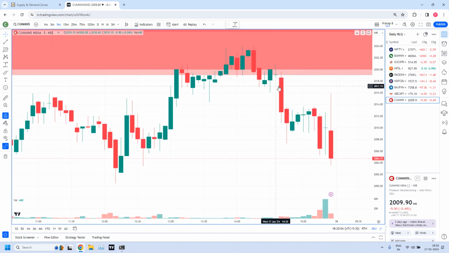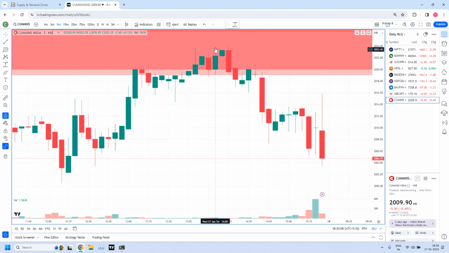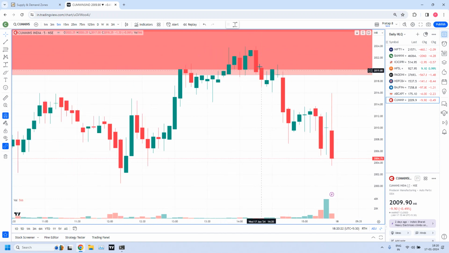Institutions again created a fresh 5-minute zone inside this rally based drop, and this new supply is responsible for this entire fall. Maybe next time when prices enter within this 5 minutes area, you can plan a trade because it is inside the 15 minutes area. That way you can plan.